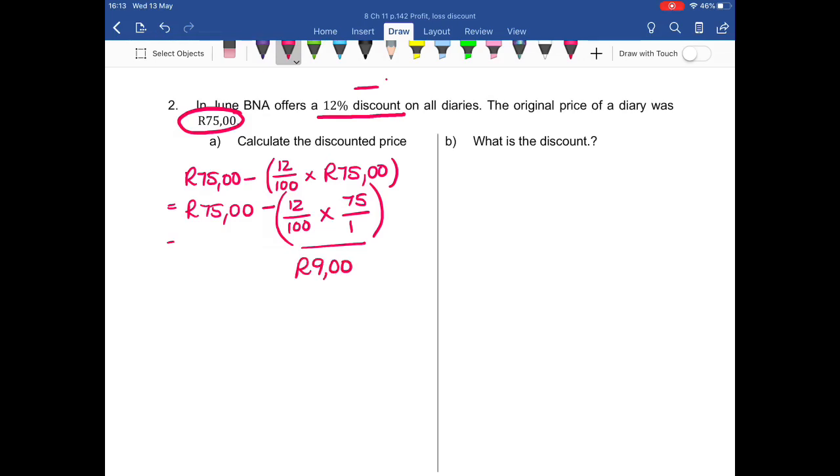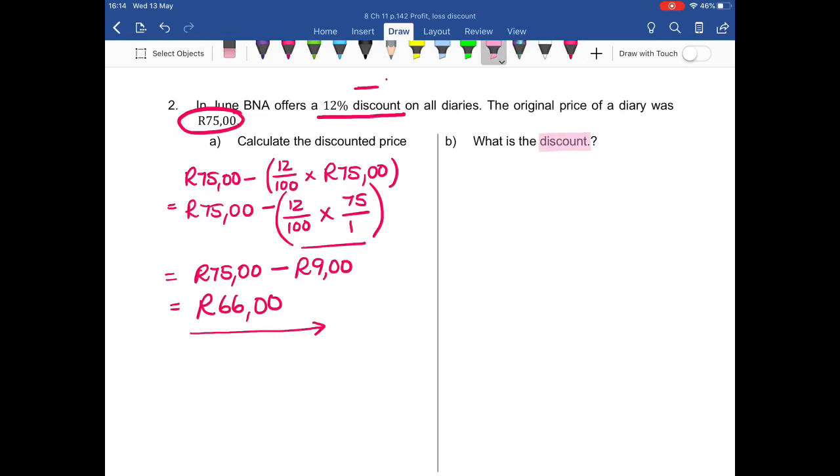So the discounted price: I have to reduce 75 Rand. So I'm going to take 75 Rand and minus 9 Rand, and my total is going to be 66 Rand. So the diary is going to cost 66 Rand where it normally cost 75 Rand. What is the discount?